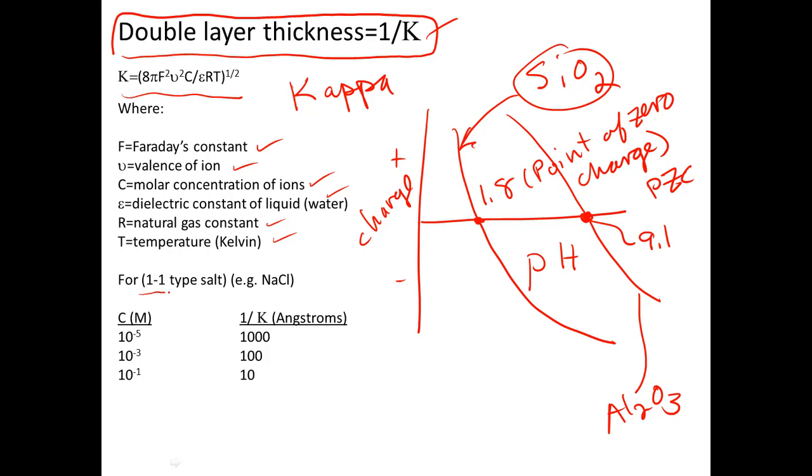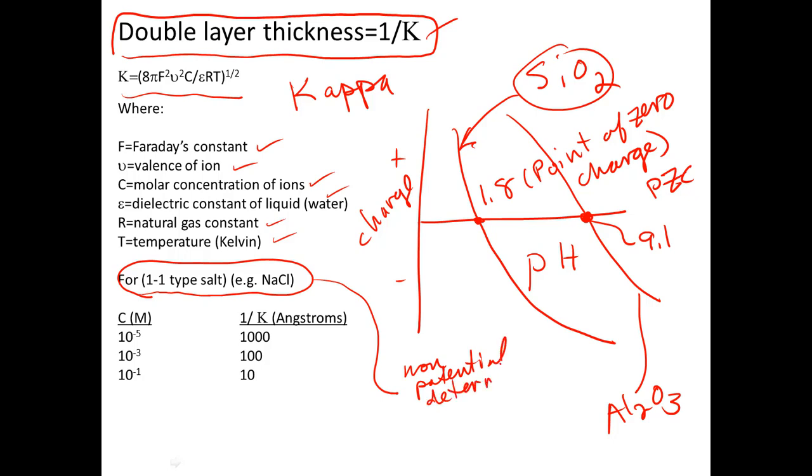So for a 1,1 type salt, so we're adding sodium chloride, which is non-potential determining, which usually we give the name a counter ion. In other words, they exist in solution but not at the surface.